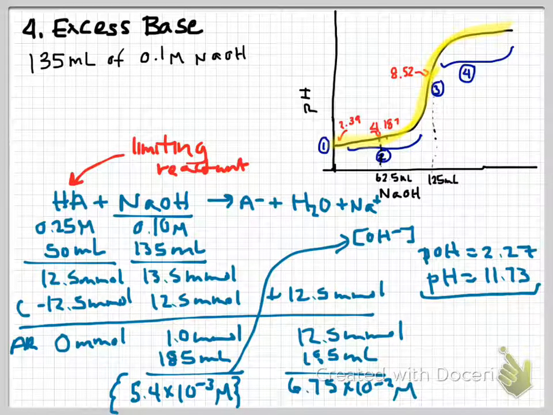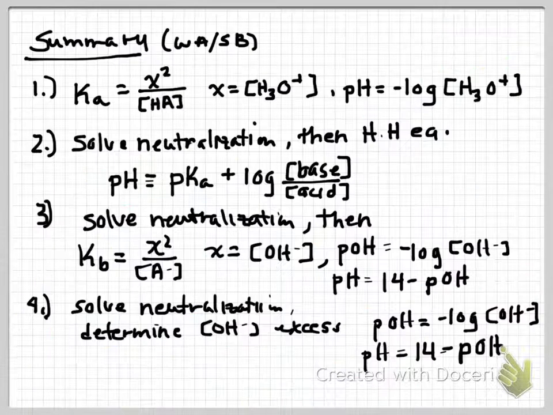So that concludes all the major regions of the titration curve. In summary, for a weak acid strong base titration, these are the calculations we're looking at. We use our Ka expression for the initial pH. For the buffering region, we solve our neutralization reaction and then put it into Henderson-Hasselbalch.